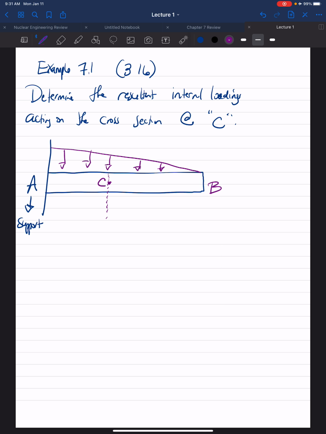Our point C here is a distance 3 meters from the wall and 6 meters from the end at point B. So we want to know the resultant internal loadings at the cross section at C, which means we have to make a cut at C.